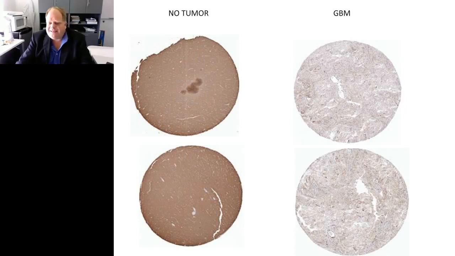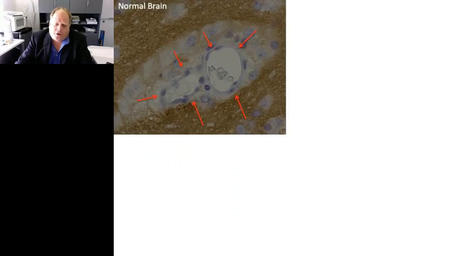These are human samples. But what caught my eye with the help of a colleague of mine is this. We looked in the vasculature, and you can see here that normal brain within the endothelial cells of the blood vessels basically have no CD200.